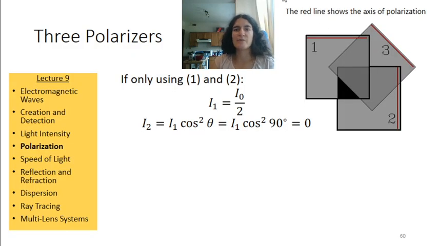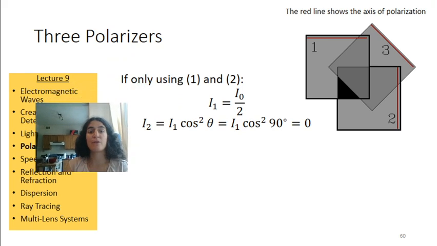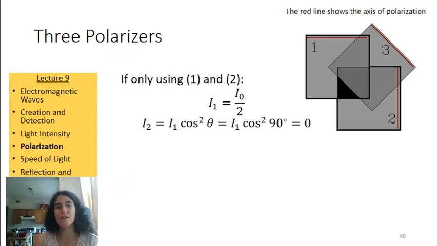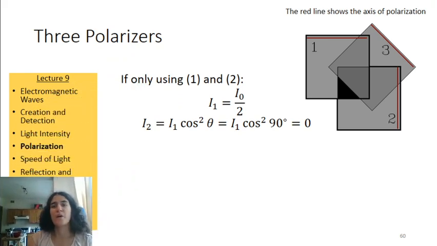Okay, so this is maybe my favorite thing about polarizers, that we can calculate what happens if we have three polarizers. Specifically, I want to make sure that polarizer 1 and polarizer 2 are perpendicular to each other.